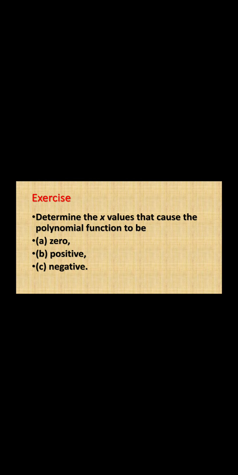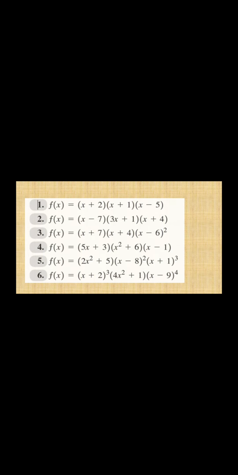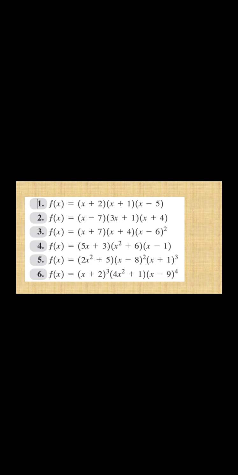Positive means f of x greater than 0, negative means f of x less than 0, and 0 means the zeros of the function. And here you can support your answers with a graph. These are the questions, and it's easy, they are all polynomial functions.